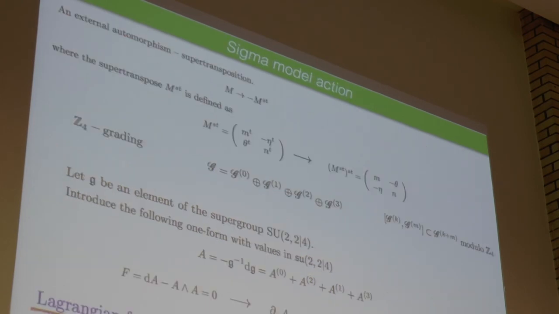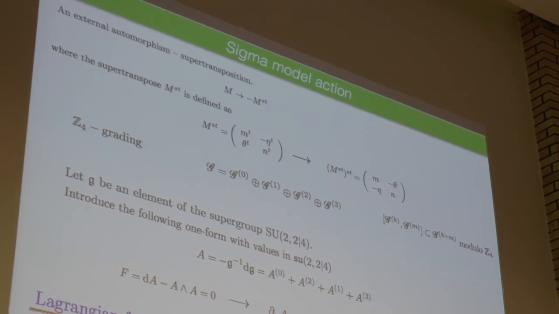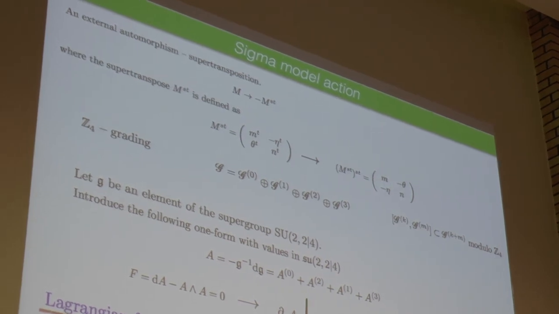precisely at this gradient here, the component with grade 0 is the component which projects the general matrix A on its SO(4,1) cross SO(5) part.